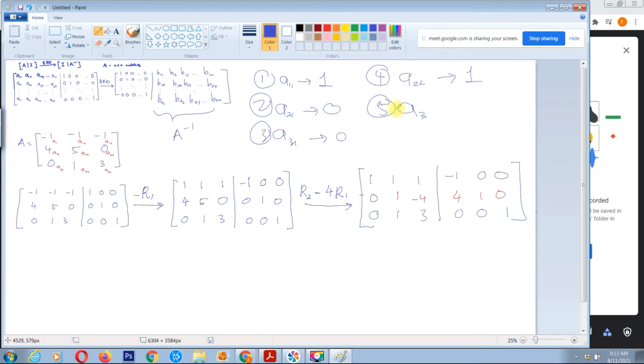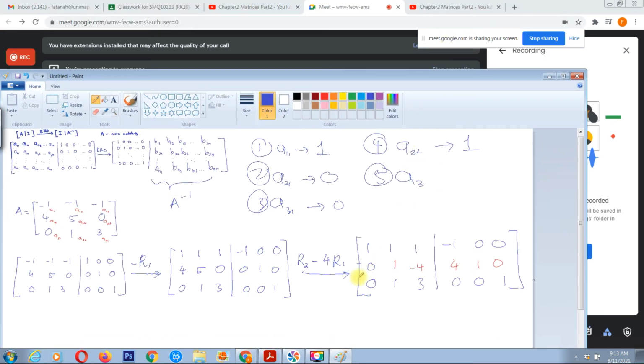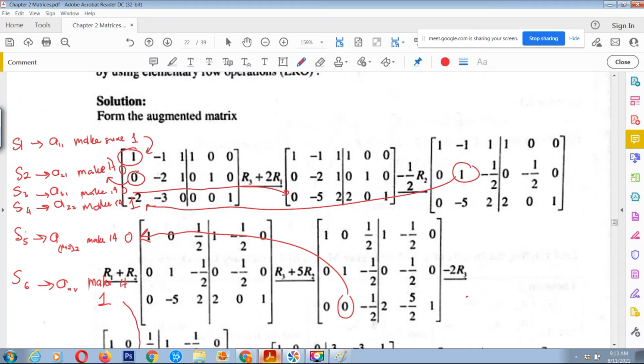If we see the formula here, I think for your level it only involves 3 by 3 or 4 by 4, no need to go further, 3 by 3 I think.